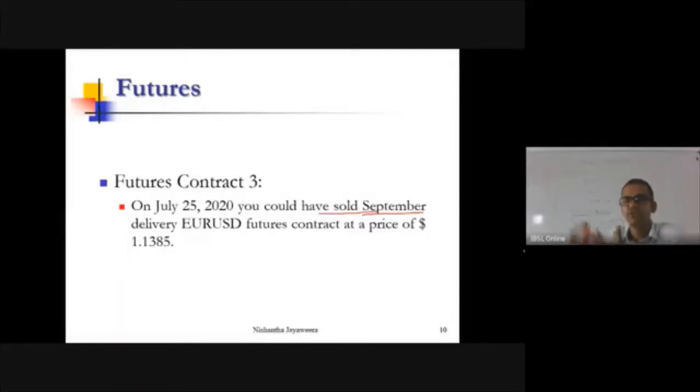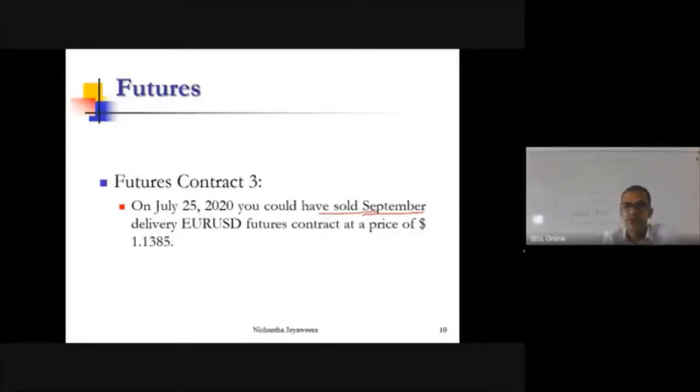What would happen once you do this transaction? Whether it's a profit or loss, you take that profit or loss, and you don't have any position in the futures. You have covered everything, you squared your position, you book your profit or loss, that's it. Now you don't have any futures contract.